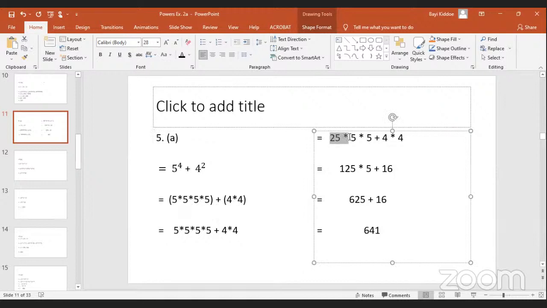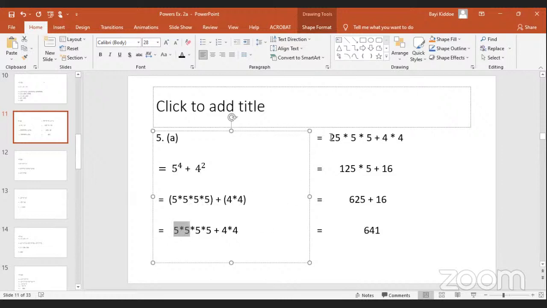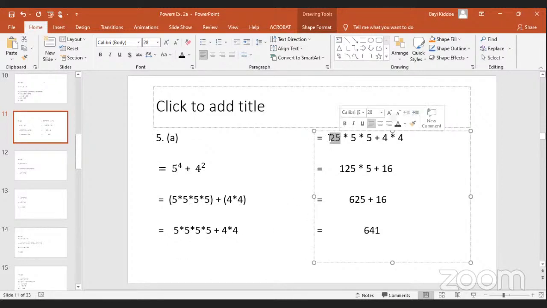Then we pair the 25 with this 5, and we get 125. And then we pair the 125 with the 5. So it's 3 pairs of multiplication. But I don't want to confuse it. It's 5 times itself 4 times, but we do it in stages. 5 times 5, 25. 25 times 5, 125, and so forth.